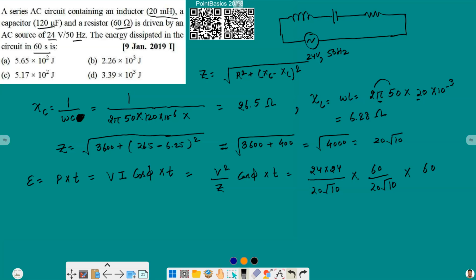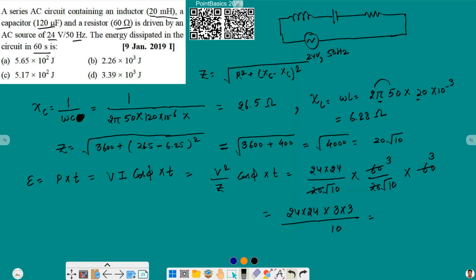So this 20 will go on 3, this 20 on 3, and root 10 into root 10 is 10. So what we are left with is 24 multiplied by 24 into 3 multiplied by 3 divided by 10, I think.